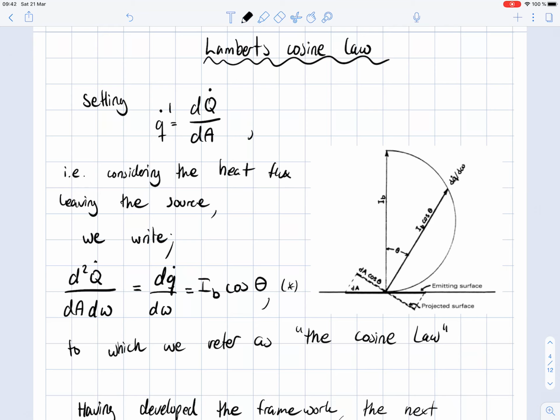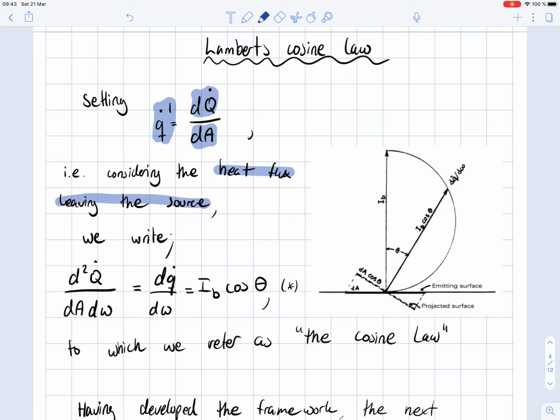The next point is to elaborate on the cosine law of Lambert. So if we look at the heat flux q dash defined as dq over dA, that is, we are looking at the heat flux leaving the source.